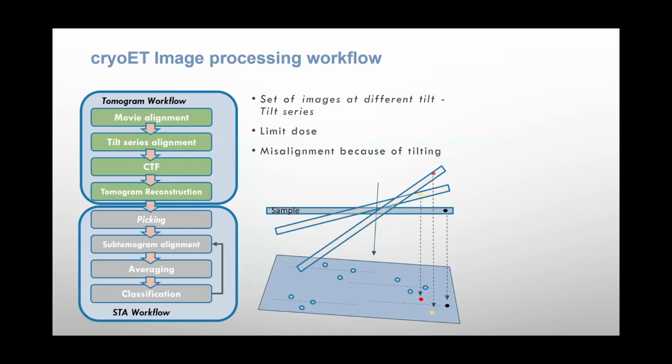So the workflow is simple. We introduce the sample in the microscope and we tilt the sample, acquiring many images, one image per tilt, but we have to limit the dose because, instead of just a single image, we acquire many images. And due to this rotation, the tilting process, some misalignment can occur.